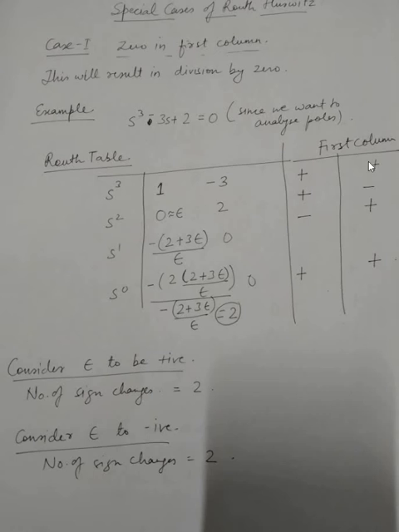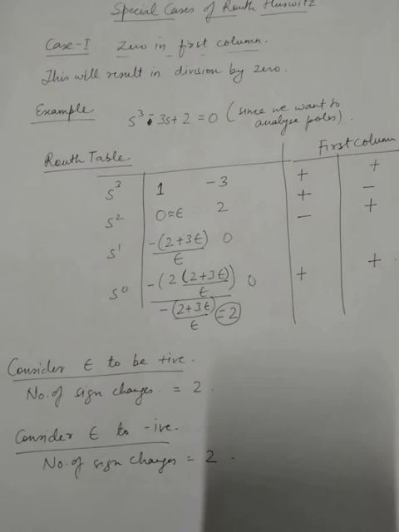So either you may consider epsilon to be positive or negative, and your interpretation of the table will be the same. The number of sign changes will be 2. So I can interpret that there are two poles on the right hand side of the s-plane, and therefore the system is unstable.